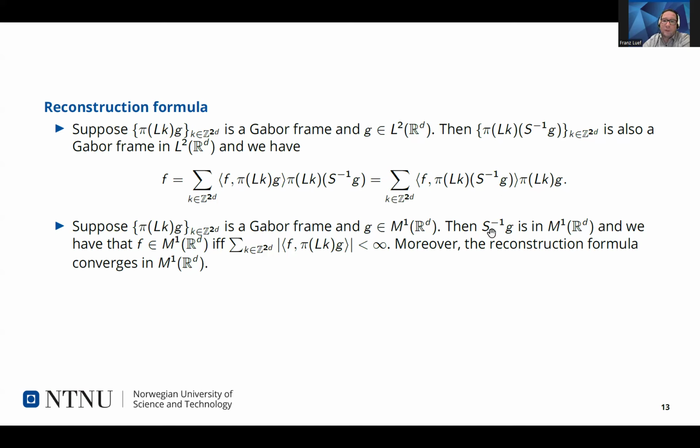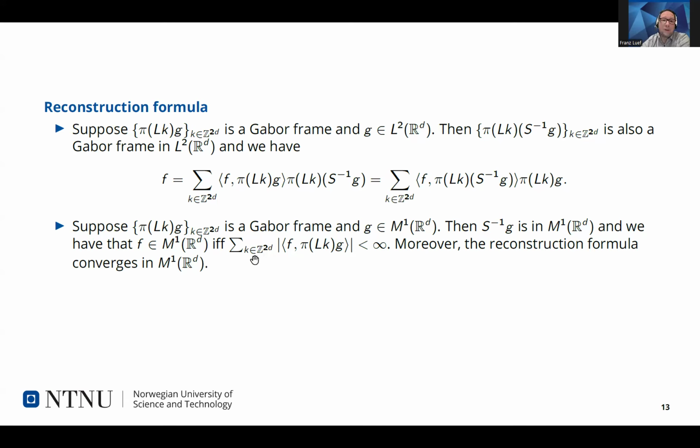And moreover, this was a result of Gröchenig and Leinert that this canonical dual element S inverse g is again in M1 if g is in M1. So this is one reason why you really care about these M1 spaces, because it's somehow the natural class of spaces that allow you reconstruction formulas that have better control than just the L2 condition.